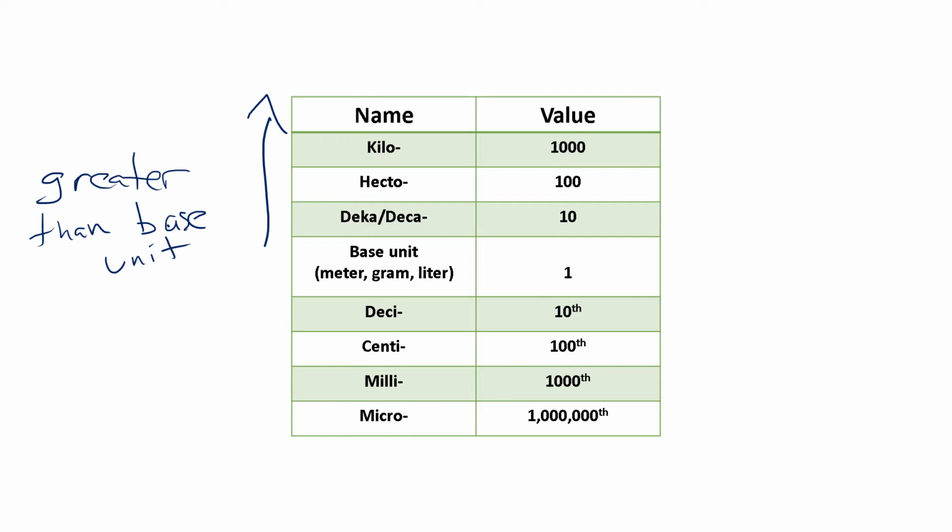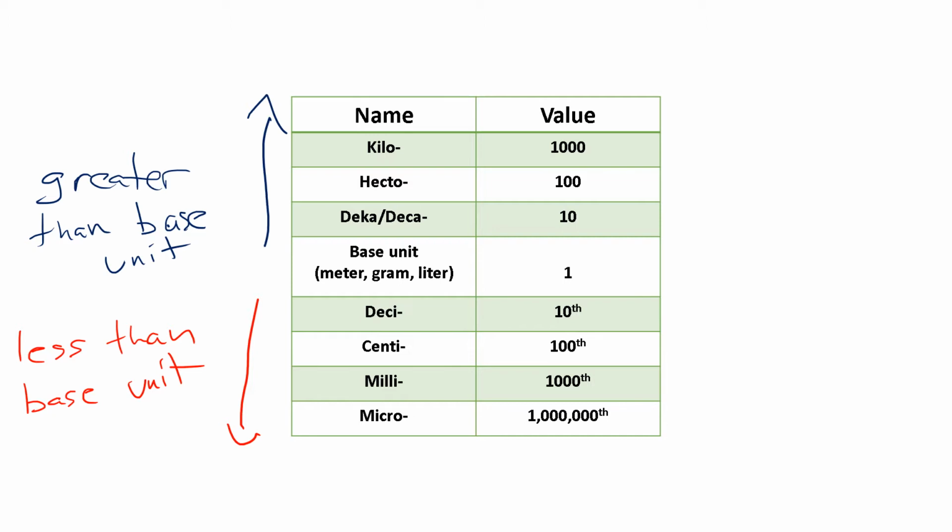On the other hand, if we have something down here, these guys, these are less than our base unit. So deci, centi, milli, and micro. These are all smaller than our base unit. A milligram is lighter in weight than a gram, or a millimeter is shorter than a meter.